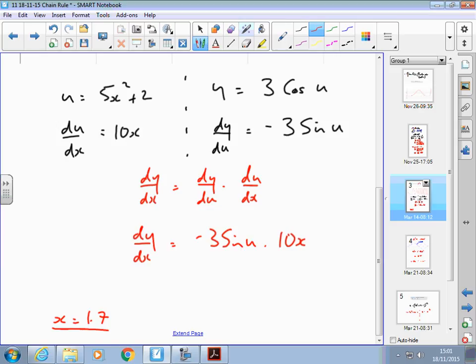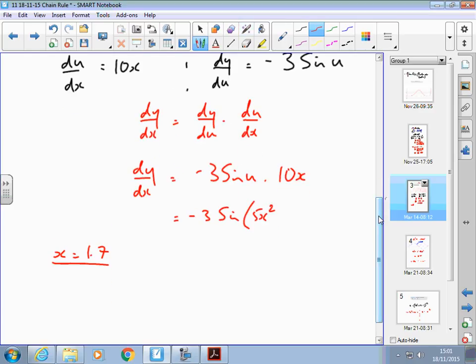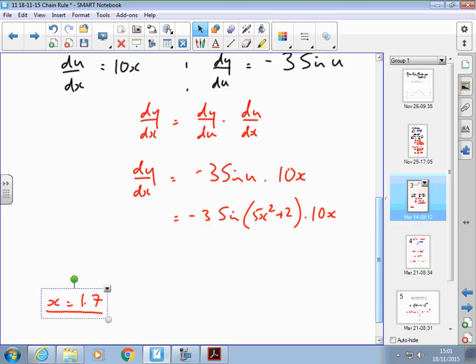Final step, replace u with what I said u was, which is 5x squared plus 2. So dy by dx equals minus 3 sine 5x squared plus 2 times 10x. Move that down a bit.